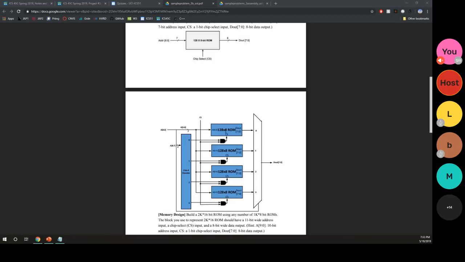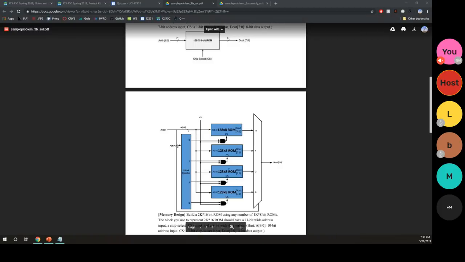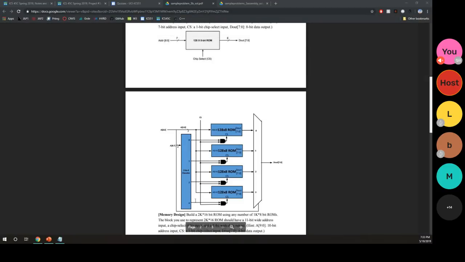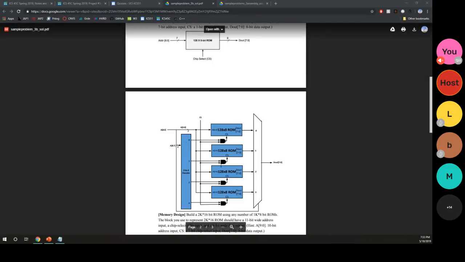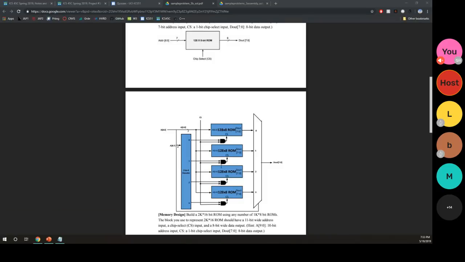If we put those 2 bits into a decoder, that means we're going to have 4 options from those 2 bits. You can check it multiple ways, like 128 times 4 is 512. If we have 2 extra bits, that means we also have 4 other options, which means we have to have 4 128s.